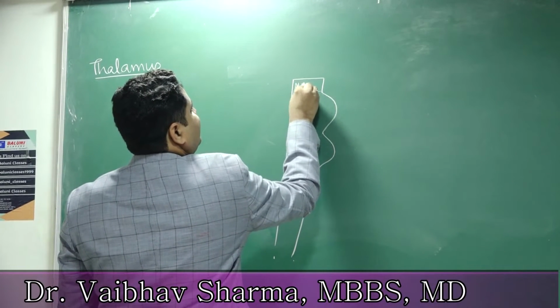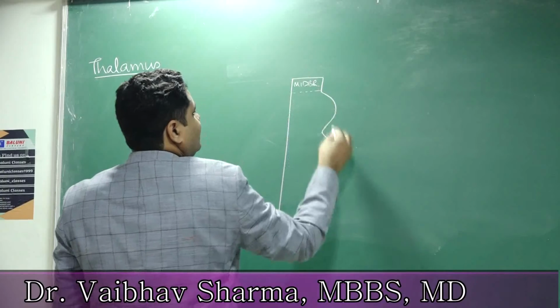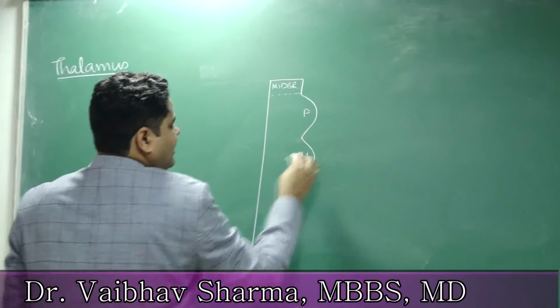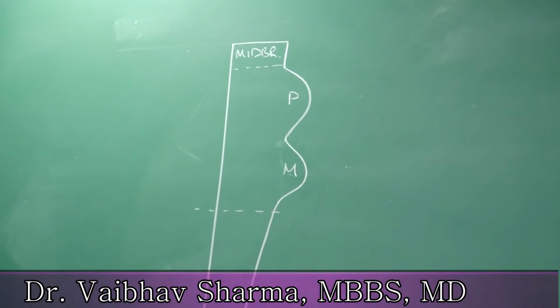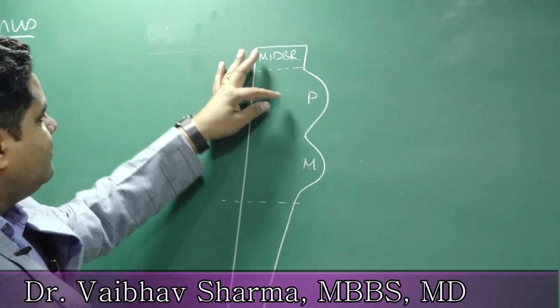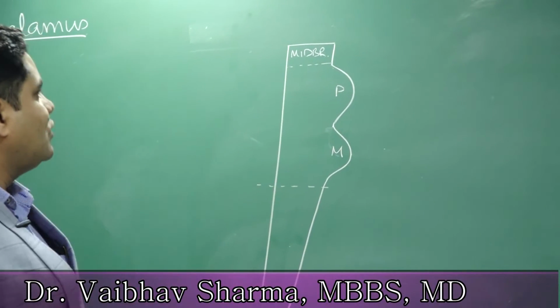You can say this is midbrain, this is pons, this is medulla, and this is rest of the spinal cord.